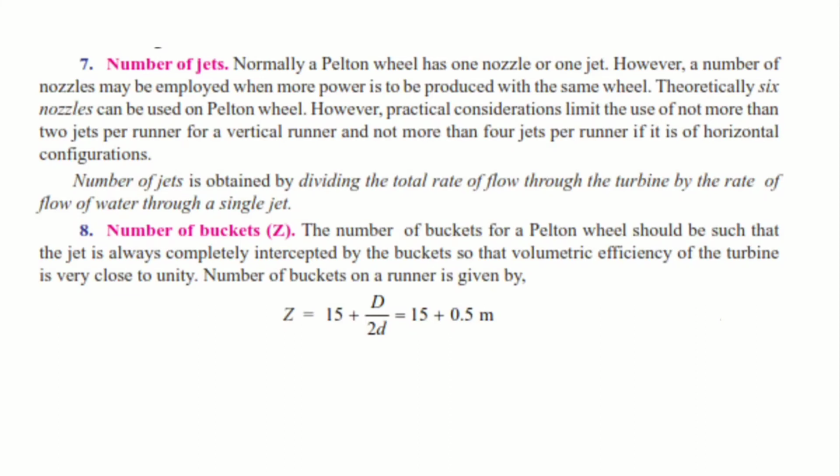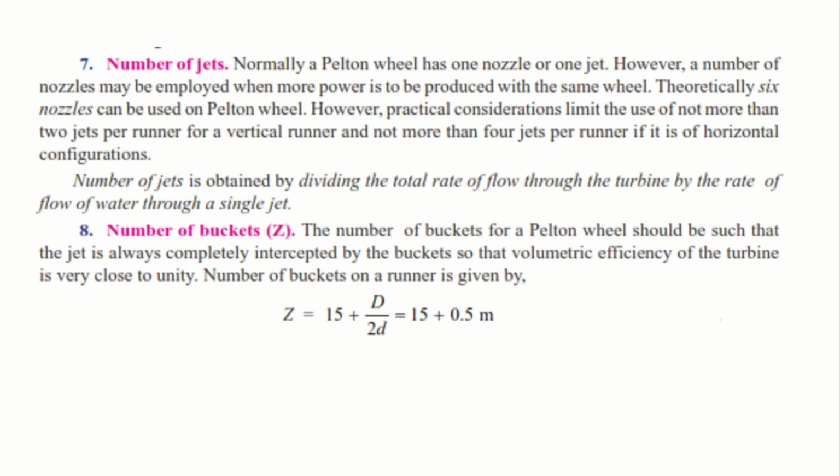Vertical turbine means the axis of the turbine is horizontal, and if it is a horizontal turbine, the axis will be vertical. These two things you need to remember. For horizontal and vertical turbines, the number of jets will be different.